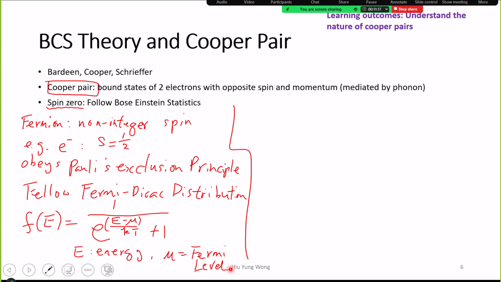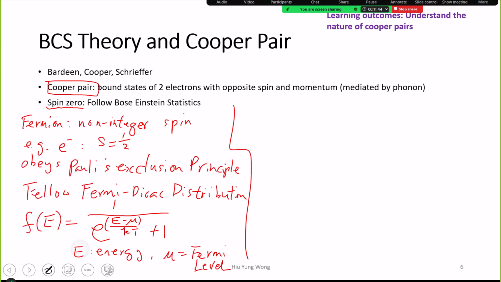Is this okay? Just to recall, if you have not learned this before, no need for this class. But at least I hope that you can tell people you understand electrons. Just like this classroom, if each chair is a state, you can only fit one person. This is like the Pauli exclusion principle. If she occupies this seat, you need to occupy another. You cannot sit on the same chair.